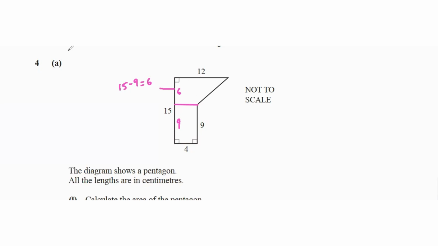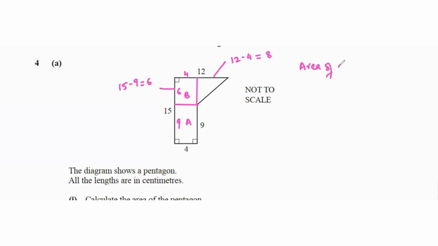However, what we can do is further break it down. And say if this is 12 and this is 4, this part will be 12 minus 4, which is 8. So this is 4, this is 8. So I'm going to call this A and I'm going to call this B.